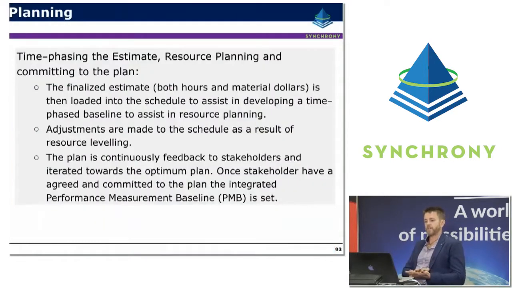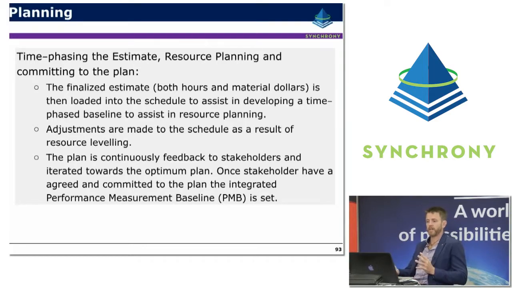Now, the planning process itself is basically a process of time phasing the estimate or the project scope, the resource planning, and then committing to the plan. So the finalised estimate, both hours and material costs, is loaded into the schedule to create this time-phased baseline to assist in resource planning.